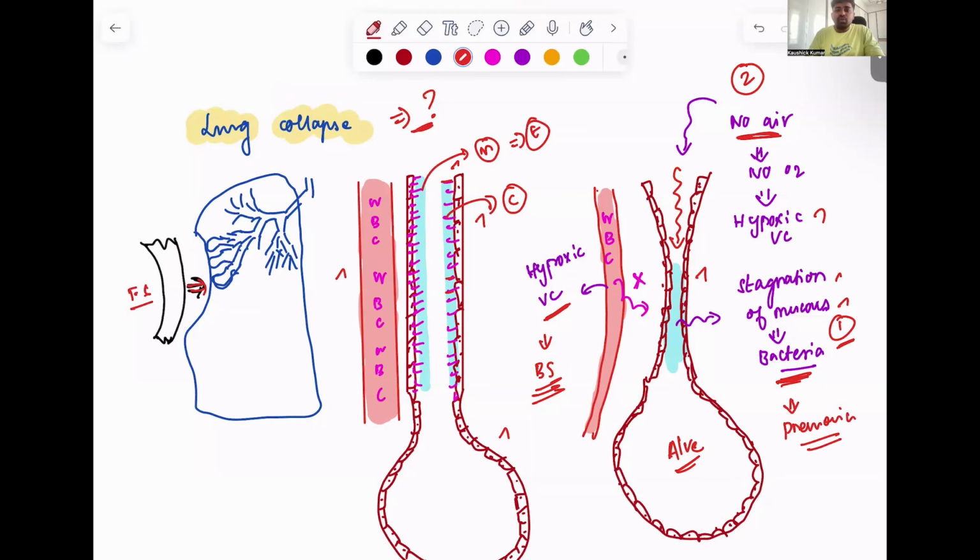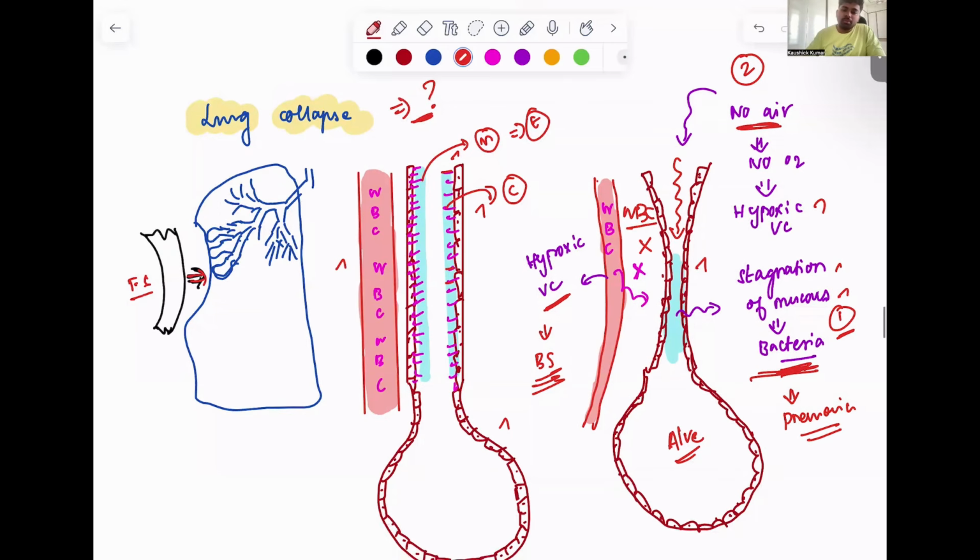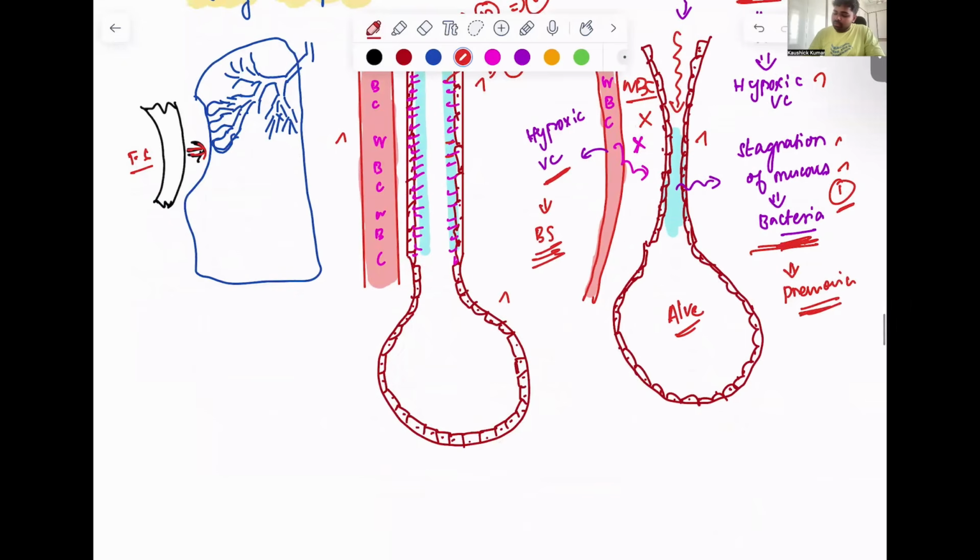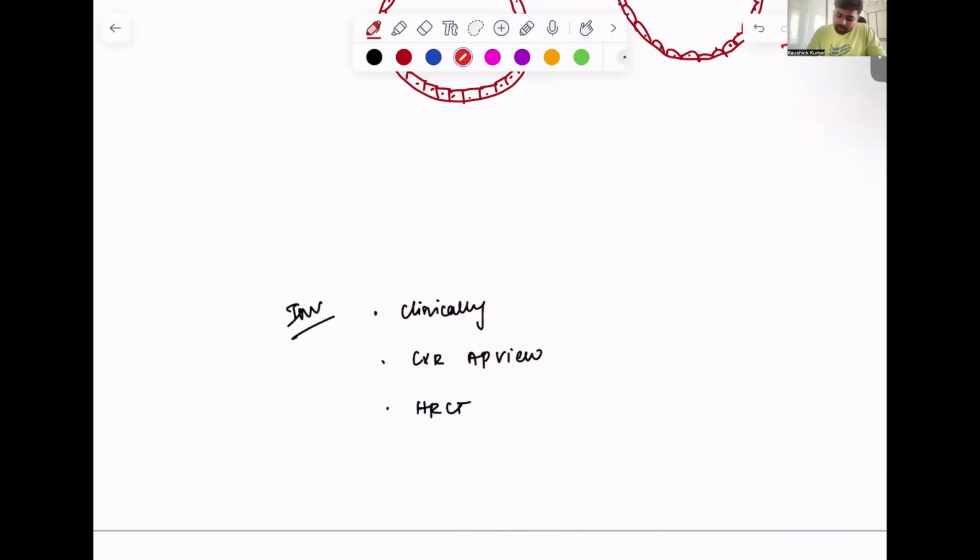And because of the reduced blood supply, we cannot get WBCs to counteract this bacterial overgrowth. So the patient ultimately is going to suffer from pneumonia, and this is going to lead to death of the patient. So lung collapse is deadly because it is ultimately going to cause pneumonia and death of the patient.